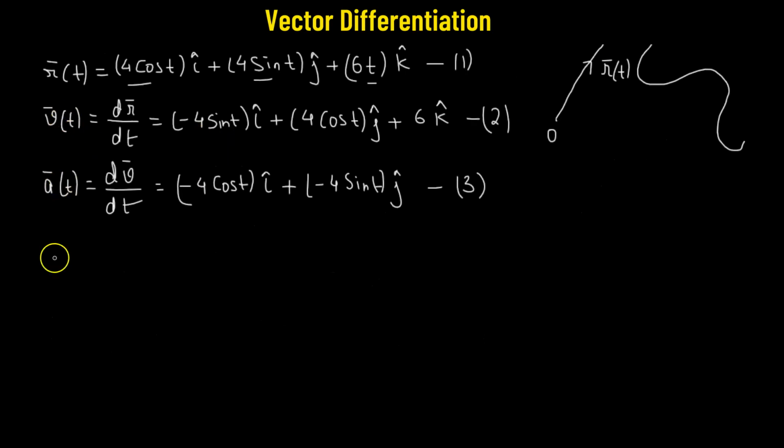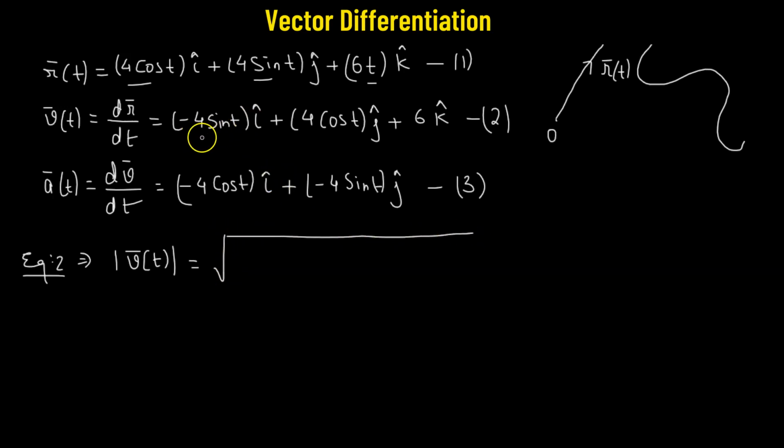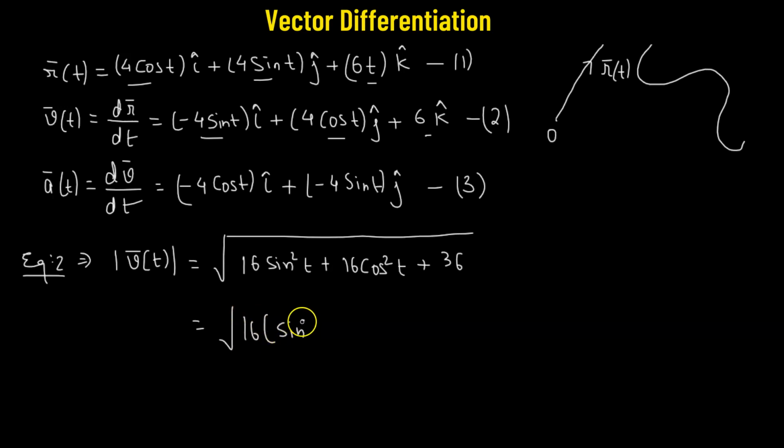Considering equation number 2, the magnitude of the velocity is the square root of the sum of the squares of each component. The square of negative 4 sine t is 16 sine squared t, plus the square of 4 cosine t is 16 cosine squared t, plus the square of 6 is 36. Taking 16 as the common factor, we have sine squared t plus cosine squared t, which is an identity with a value of 1. So we are left with the square root of 16 plus 36.